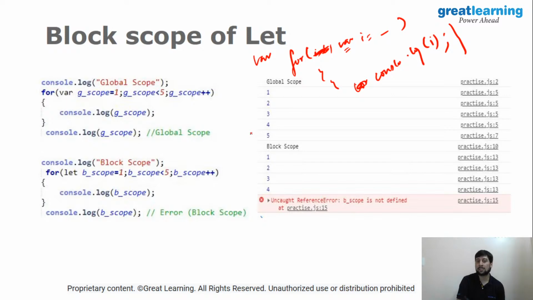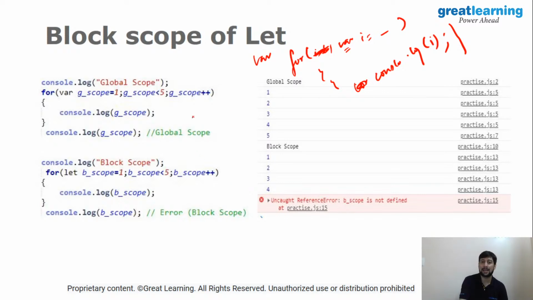So now this is not something that we are familiar with from other programming languages. It seems like an error, right, to access something that is outside the scope?